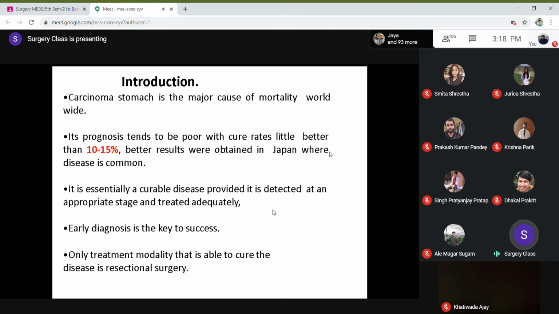They detect the early tumor and operate, so the prognosis is better in the Japanese setup. Japanese people have done a lot of work on carcinoma stomach, and their results are better than the rest of the world.